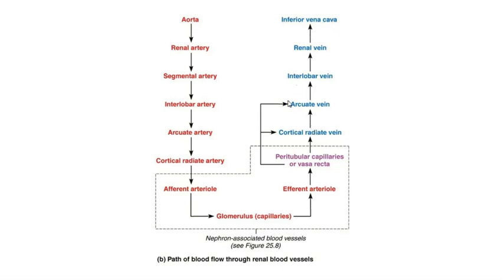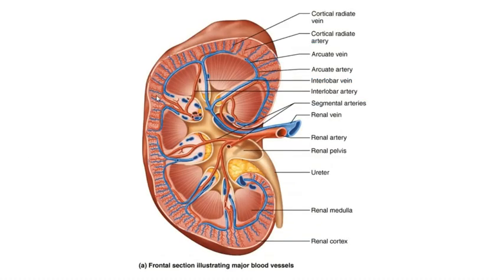We'll turn our attention to the major veins that are draining the kidney. Approximately in the same place as the cortical radiate arteries is a vein that drains the cortex of the kidney called the cortical radiate vein. Backing up here, we can see that the cortical radiate vein is in approximately the same location as our cortical radiate arteries, at the broad part of those renal pyramids.